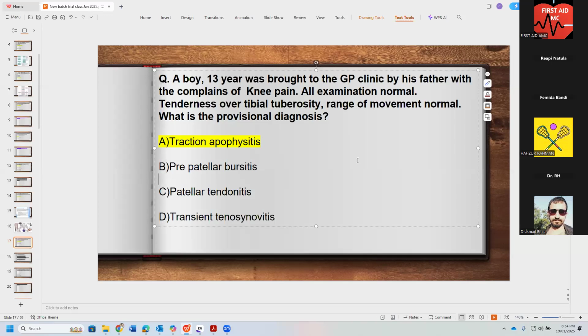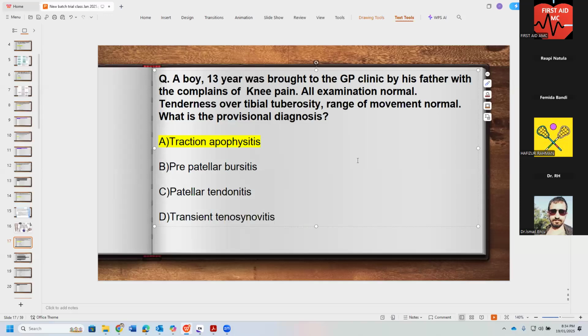A 13-year-old boy would either present with transient tenosynovitis of the hip after an infection, like an upper respiratory tract infection or abdominal GI infection, or they will have tenderness over the tibial tuberosity because of excessive use.